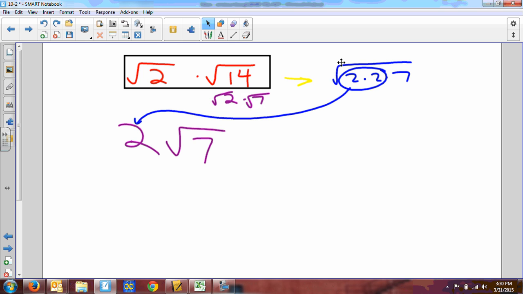Anytime you're underneath this radical, if you have a pair of something, those come out to be one of whatever this is. So if you have a pair of tens, they come out to 10. If you have a pair of variables, they're going to come out to one variable. So 2 times 2 times 7: the pair of 2's come out, the radical 7 stays underneath. So this simplified is 2 square root of 7.